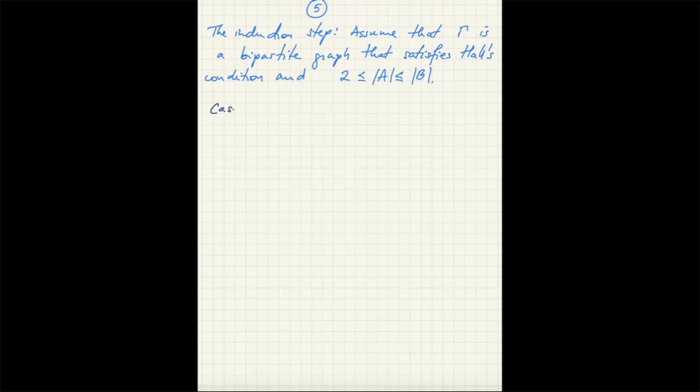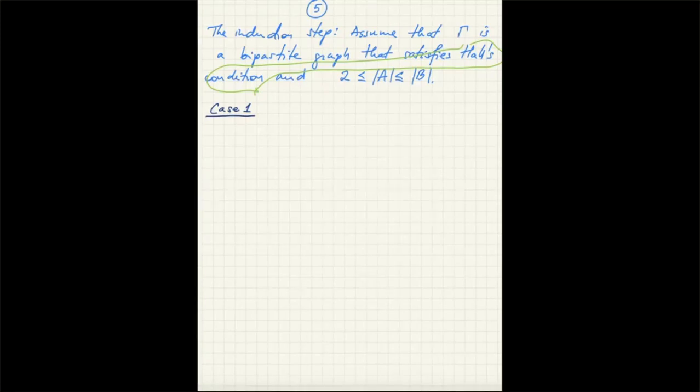So case one. Hall's condition guarantees that the neighborhood of S is always greater or equal than the cardinality of S. Case one is when something actually stronger happens.